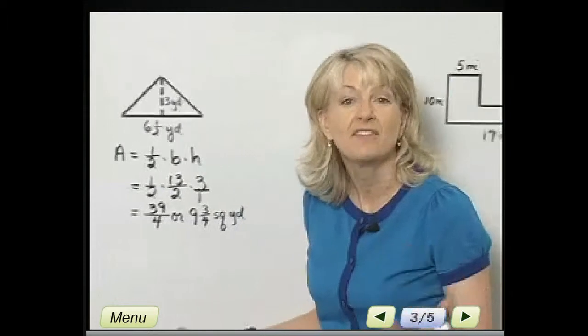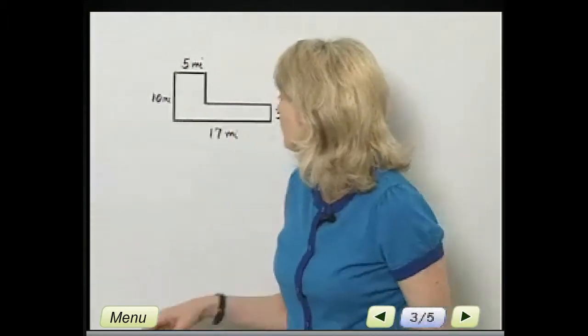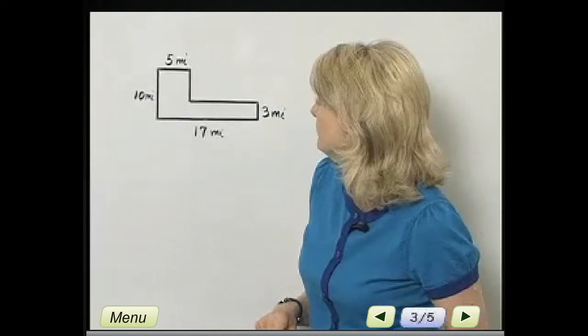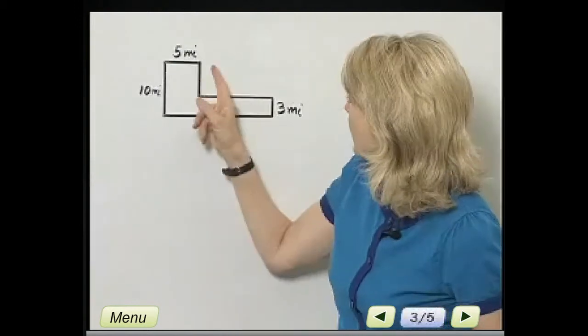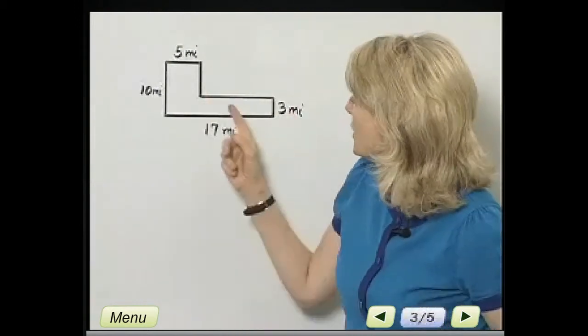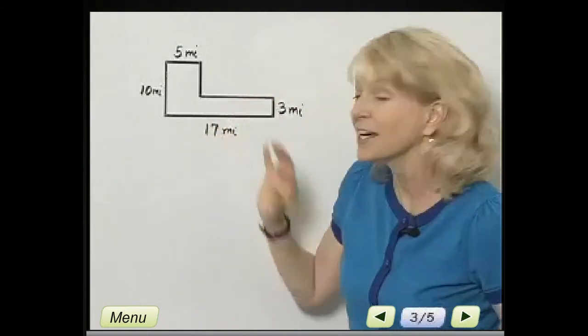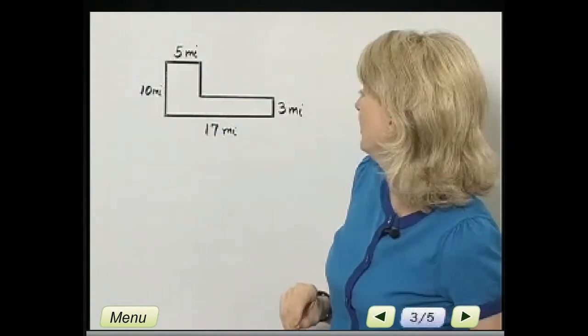Let's continue finding area. I want to find the area of this figure. Well, we have all kinds of units here. By the way, is it possible to find this length just studying the figure for a moment?